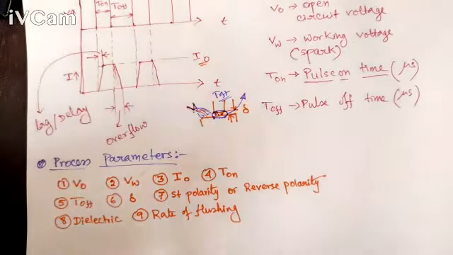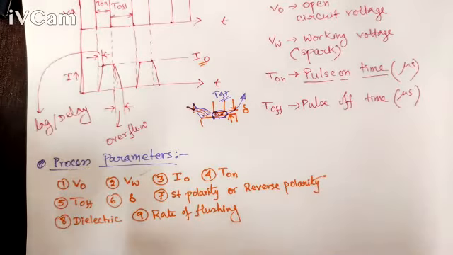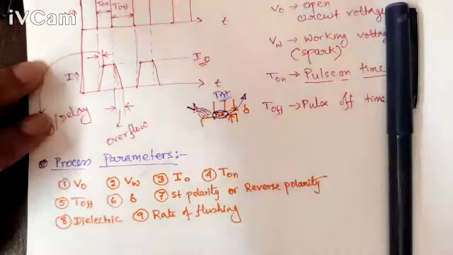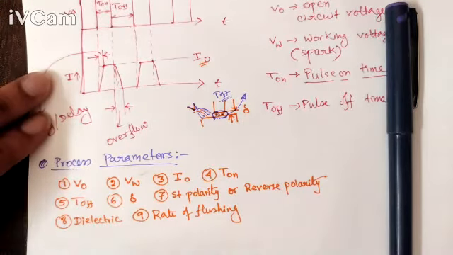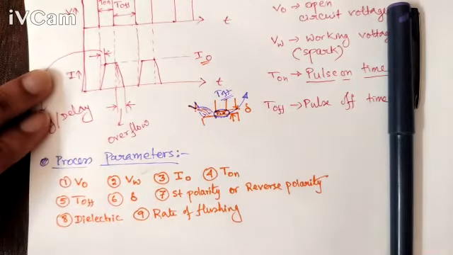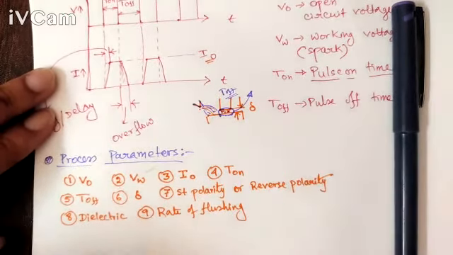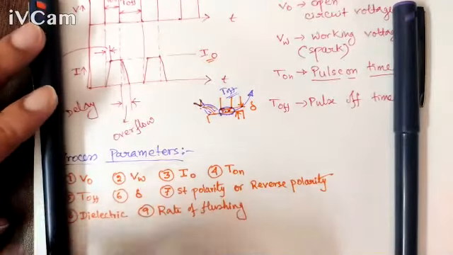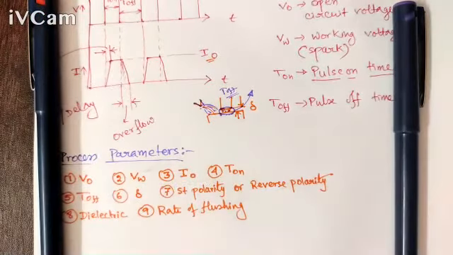Now if any of you have any doubt from today's topic, feel free to ask me. Remaining topics we will continue in the next class. Have you noted down those process parameters and the graph? Yes, sir.